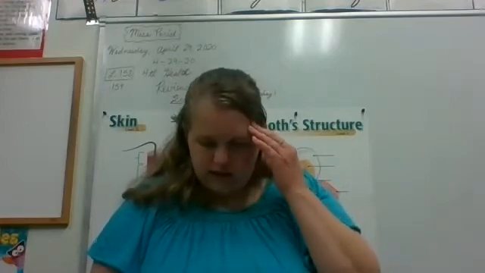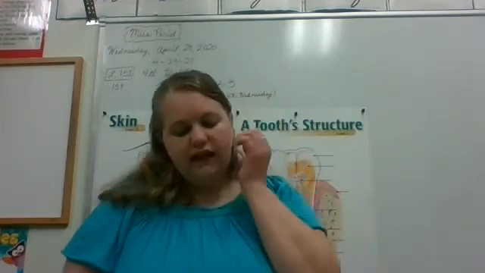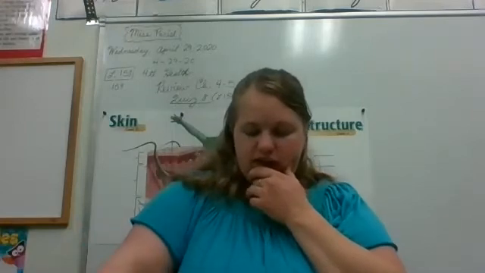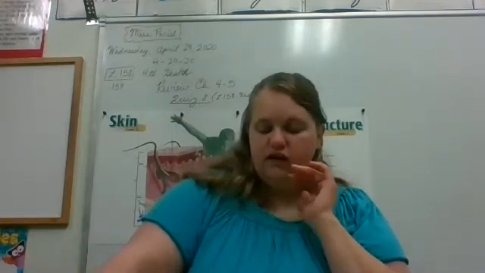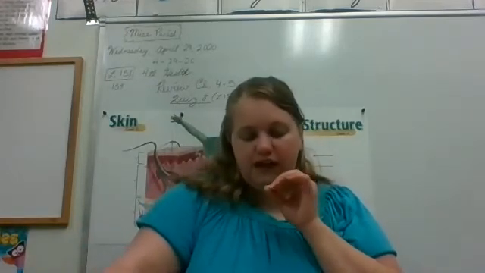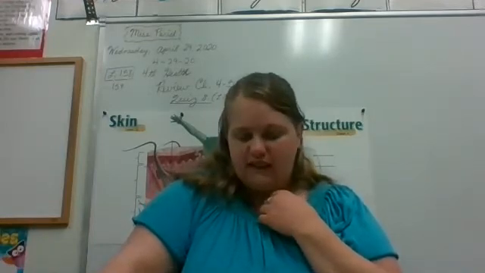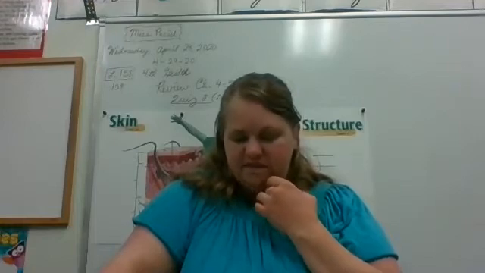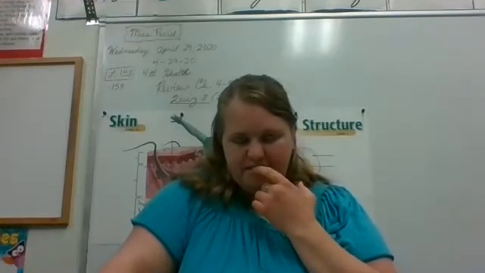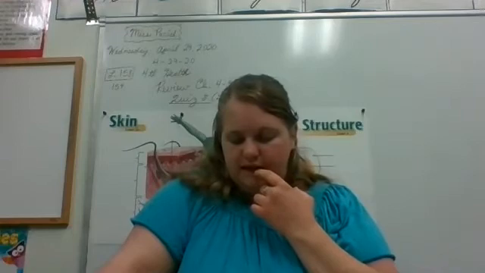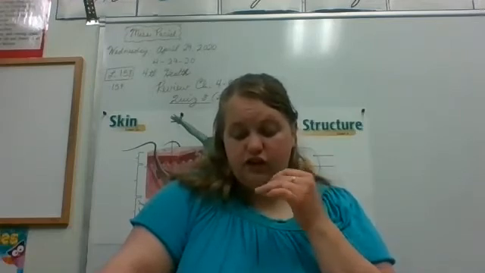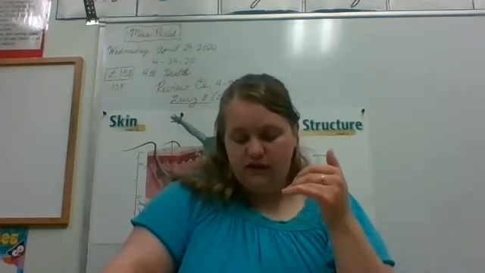Let's see. Explain how plaque attacks the teeth and how these attacks can be prevented. This is a little bit longer. So how does plaque attack the teeth? And how can it be prevented? All right. So plaque attacks when sugar mixes with plaque and acid forms.